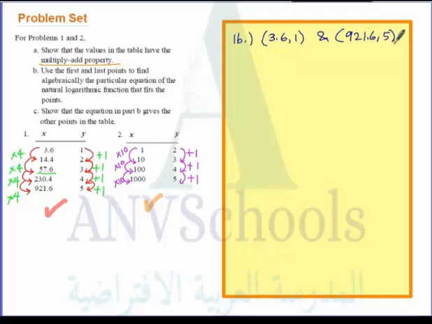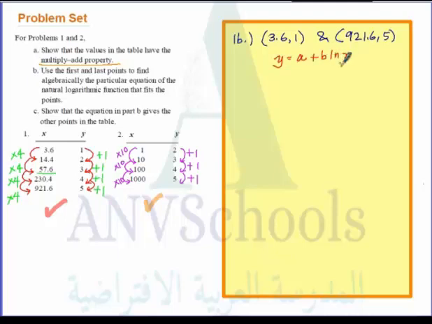The standard general form of the logarithmic function equation, now that we have a natural logarithm, is y equals a plus b ln of x.